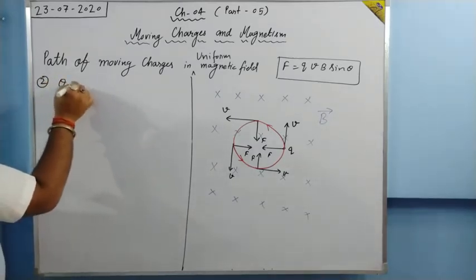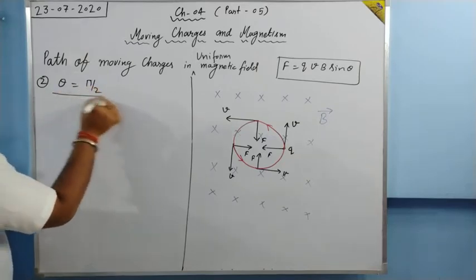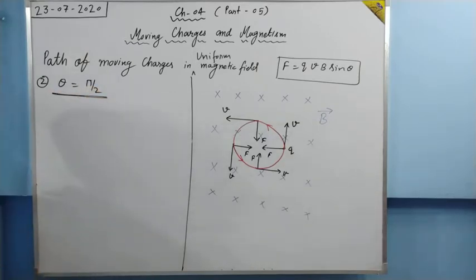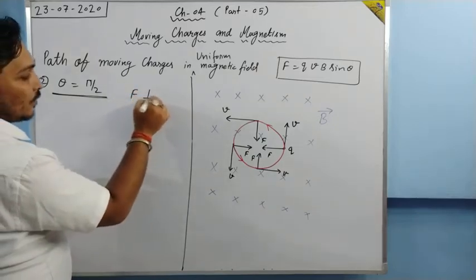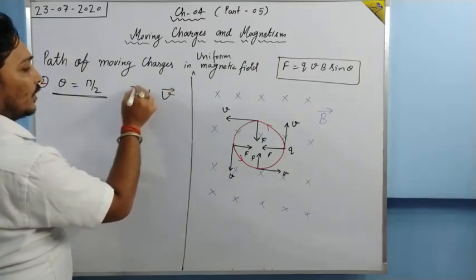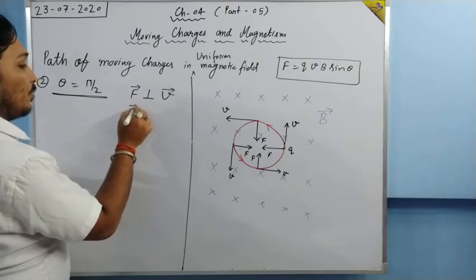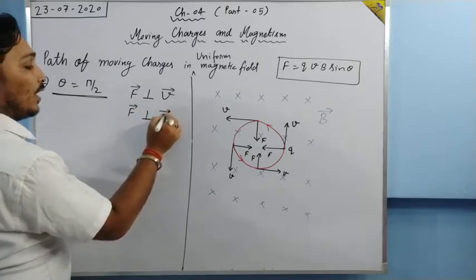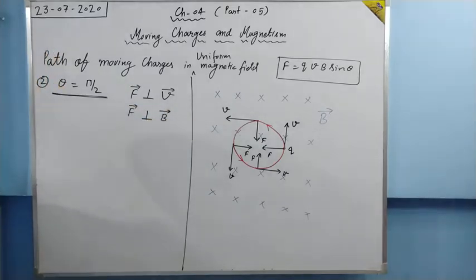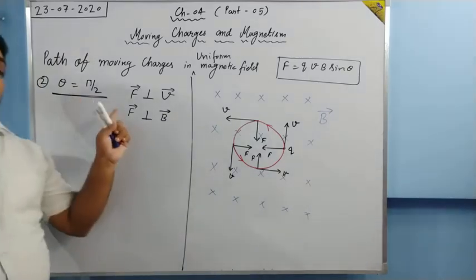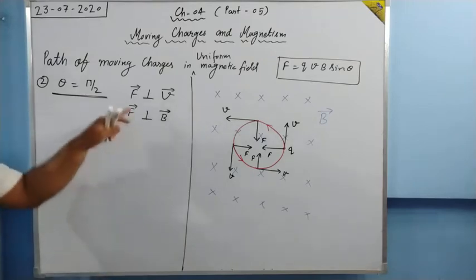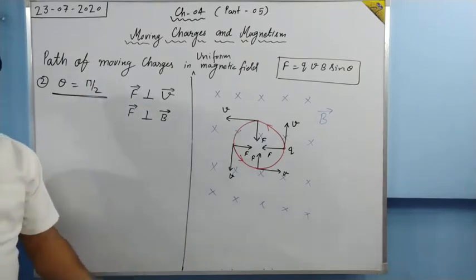Case number 2, when theta is equal to pi by 2. Why is it so? One more reason I can give you. The reason is F is always perpendicular to the velocity, and F is also always perpendicular to the magnetic field. Force means acceleration, F is equal to ma basically.